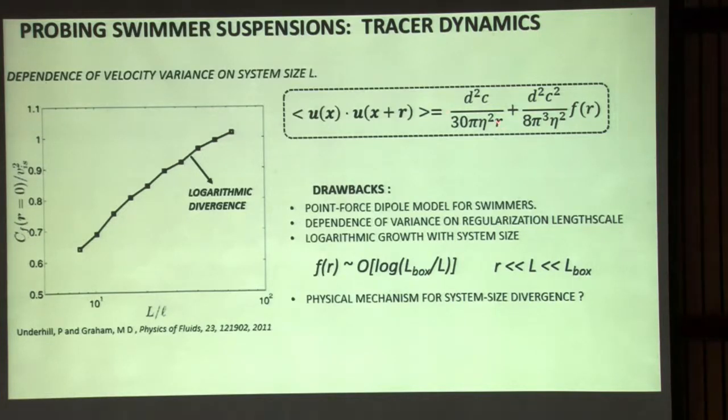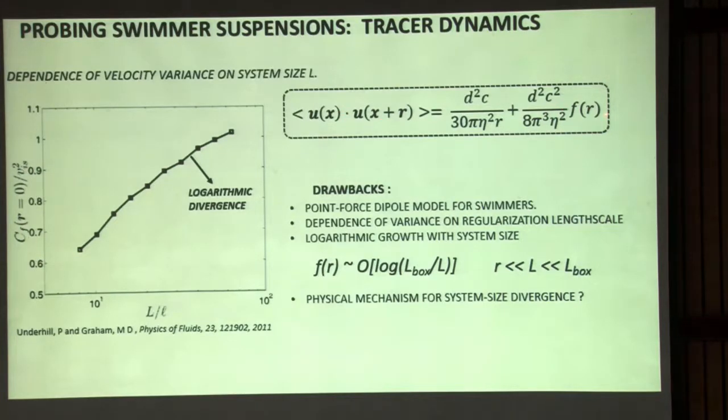So there are two terms here. C is the volume fraction. So the linear term in C corresponds to the velocity variance or covariance in a dilute suspension of swimmers that don't interact. And this is the interaction term, which is order c squared, so it corresponds to pair interactions. What they managed to extract in their simulations is the f of r as a function of the interswimmer separation, and what's being plotted is f of 0.